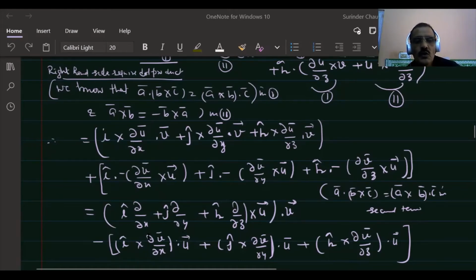So this is equal to iota cross the partial derivative of v vector with respect to x dot u vector. Similarly this is equal to j cross the partial derivative of v vector with respect to y, and third is k cross the partial derivative of v vector with respect to z, and cross and dot interchange.